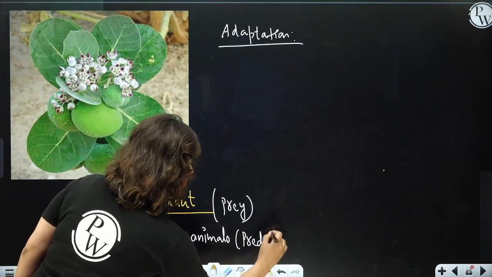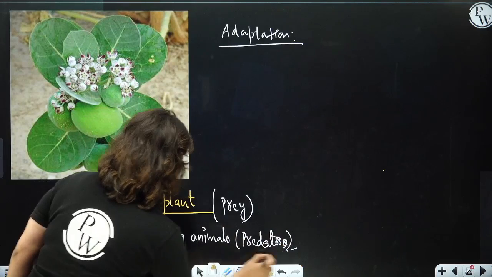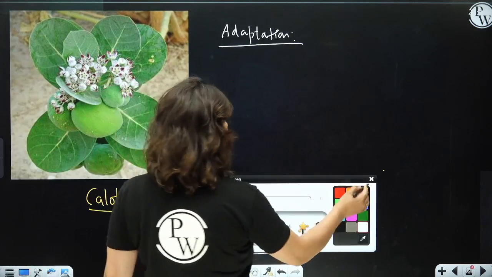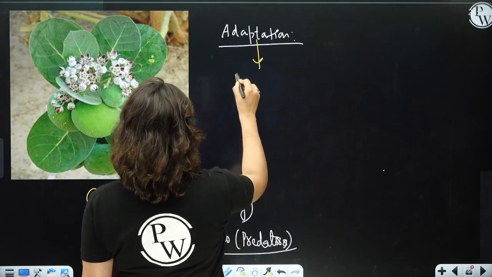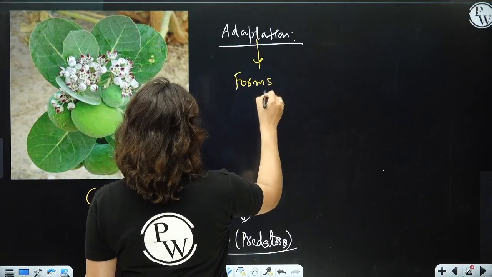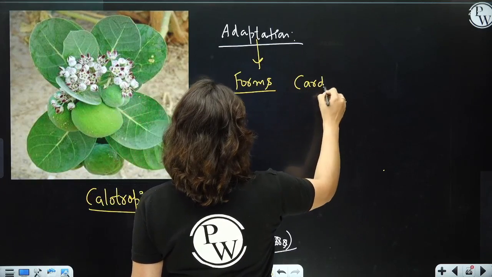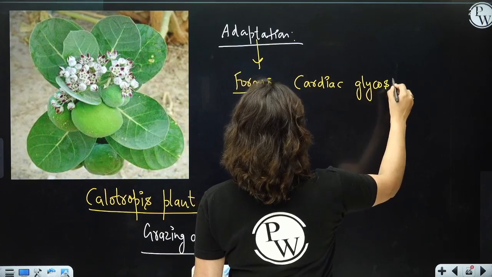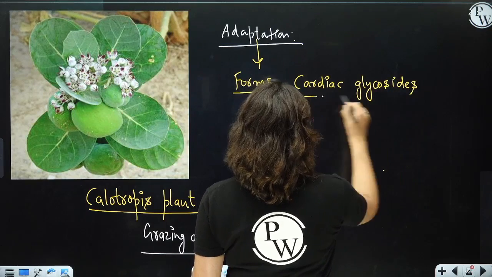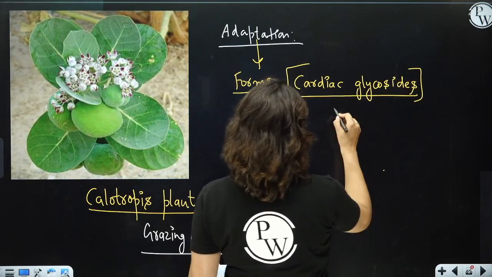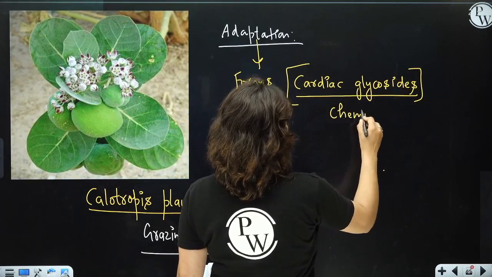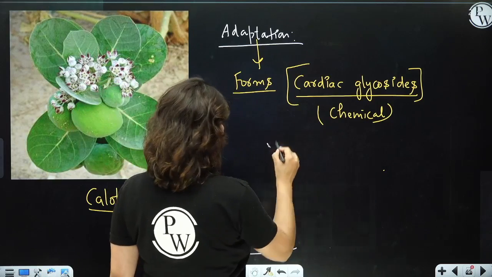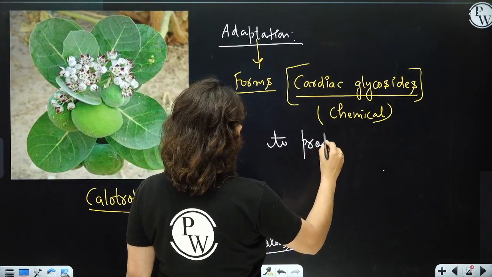So what Calotropis has done so that it can protect itself from the predators or the grazing animals, it forms cardiac glycosides. These are the chemicals which are formed by this plant to protect itself from grazing animals.